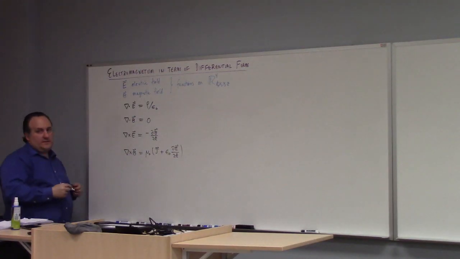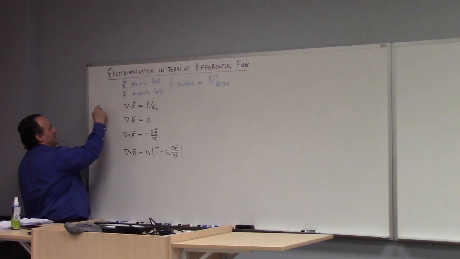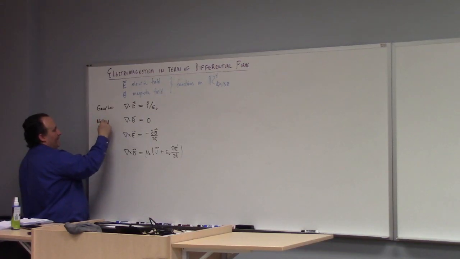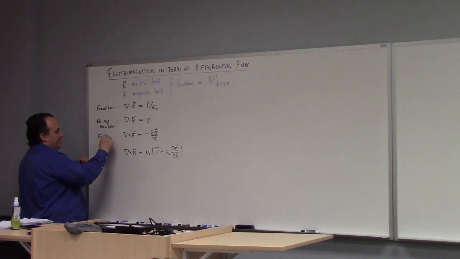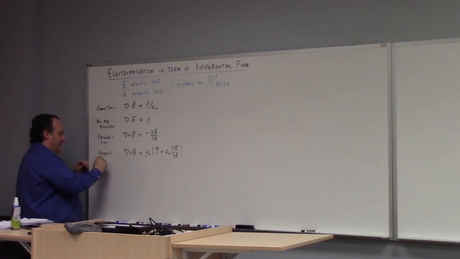Right? The names of these equations respectively are Gauss's law, no magnetic monopoles, this is Faraday's law, and this guy is Ampere's law with Maxwell's correction.